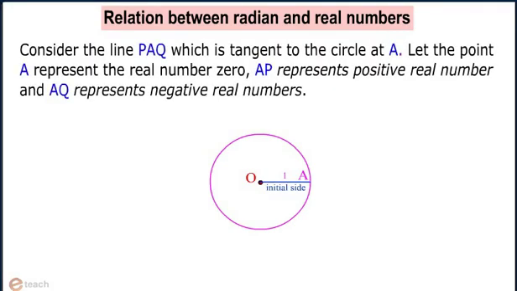Consider the line PAQ, which is tangent to the circle at A. Let the point A represent the real number 0. AP represents positive real numbers and AQ represents negative real numbers.